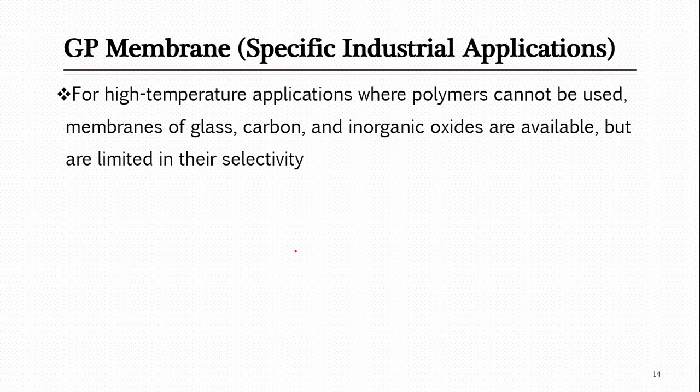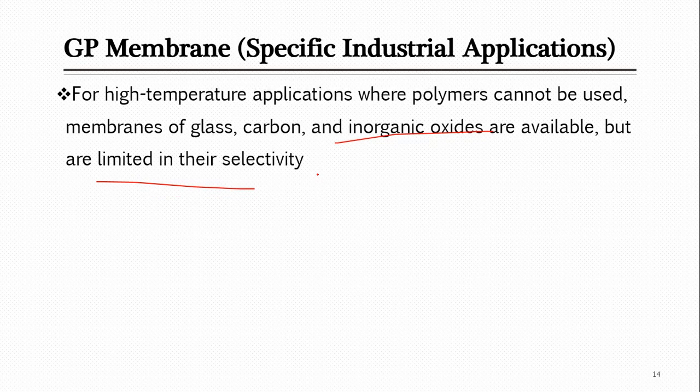So then you go for inorganic membranes, which consist of either glass membrane, carbon membrane, or some inorganic oxide membrane, which can operate at high temperatures, but they have one problem, that they are limited in their selectivity as compared to polymeric membranes. They are not good selective.